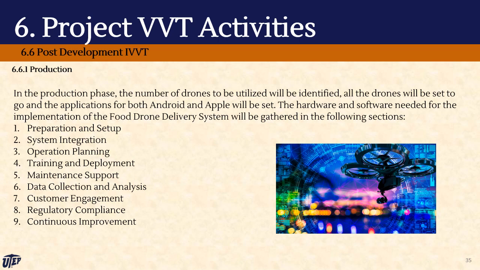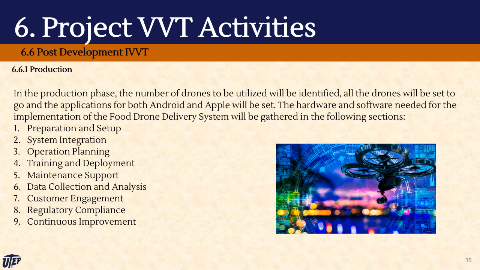Monitoring and control, which would include drone operations, including flight status, payload, delivery, if the drone was able to deliver at the given place. Also maintenance and support, which includes regular maintenance of drones and equipment to ensure optimal performance, as well as providing support to drone operators and addressing any issue.